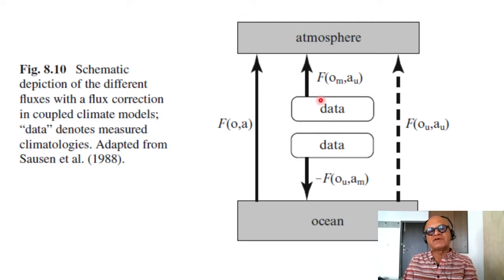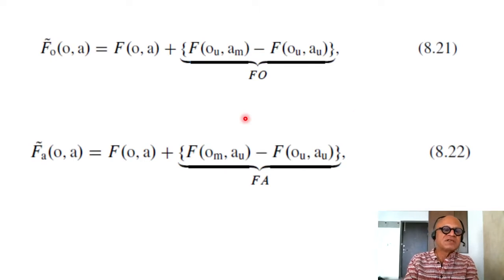And the atmosphere sees what the uncoupled atmospheric model requires by blending measured ocean conditions to give it a flux. And so you end up with essentially uncoupled and coupled ocean atmosphere fluxes. This is what is called flux correction. Sounds complicated, but essentially it is like this.